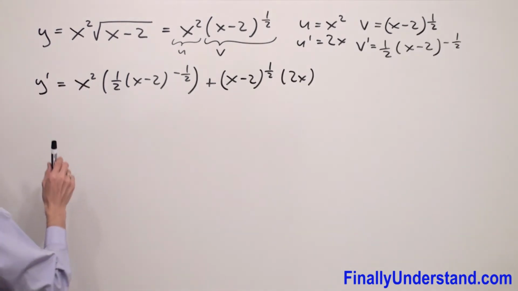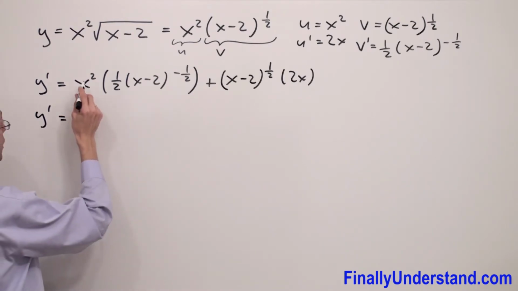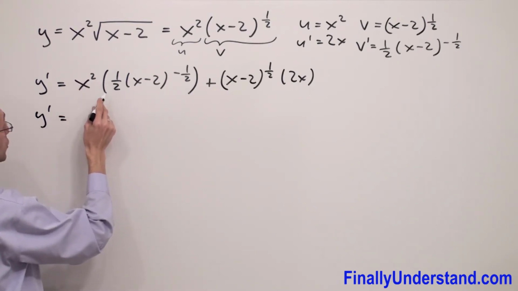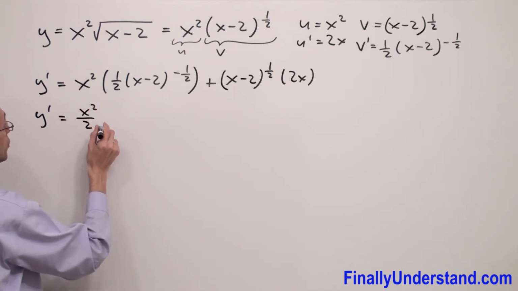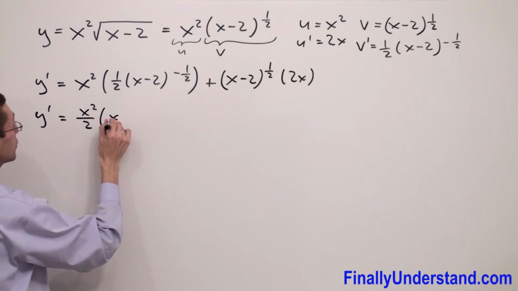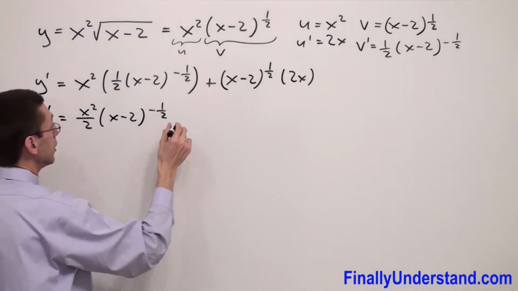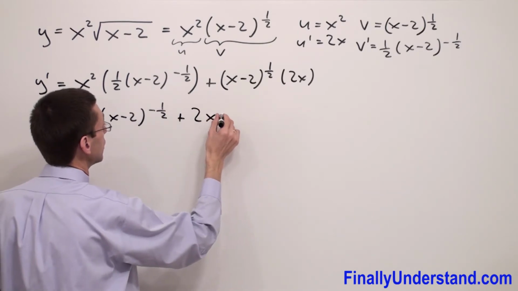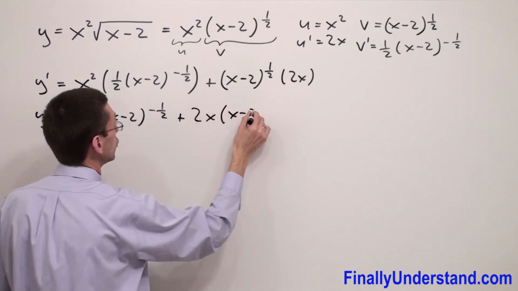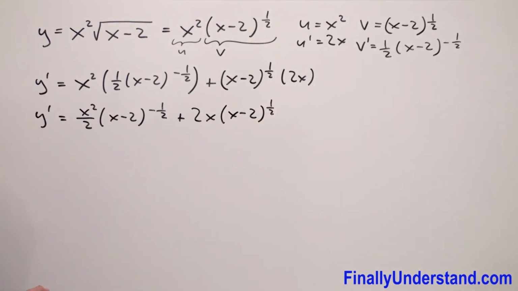So we have y prime is equal to x squared times 1/2, which is simply x squared over 2, (x minus 2) to power negative 1/2, plus 2x (x minus 2) to power 1/2. Okay, so this is my first derivative.